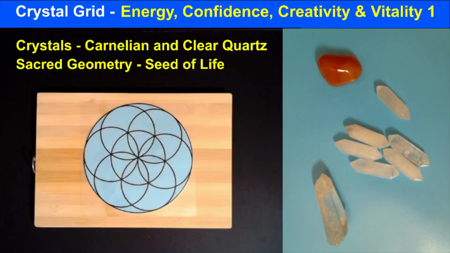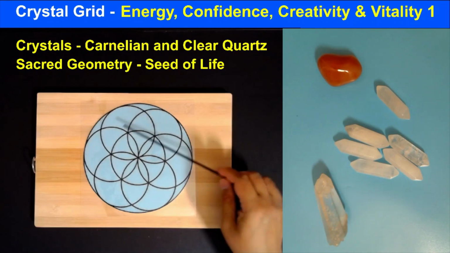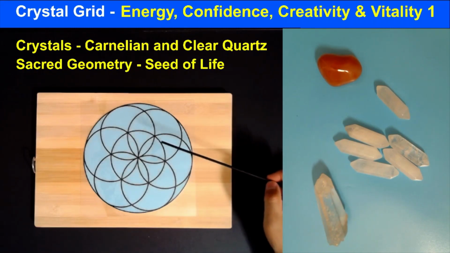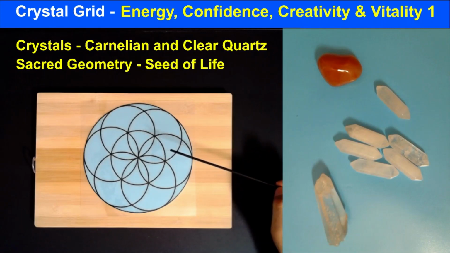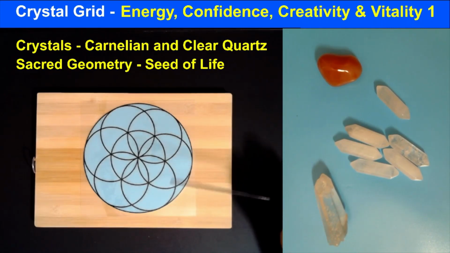So let's now go to the process of creating the crystal grid. We will start first by making a short definition of the seed of life. Now, the seed of life is one of the sacred geometric patterns that are usually used for crystal grids.